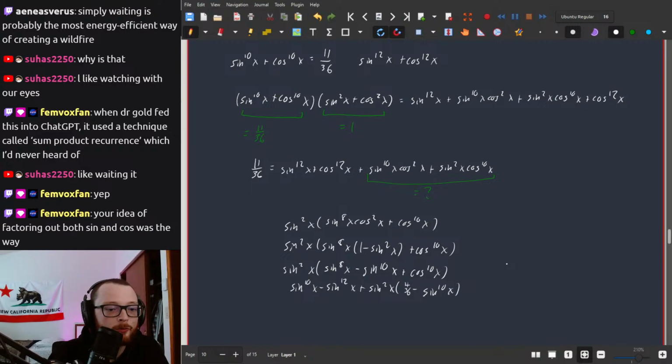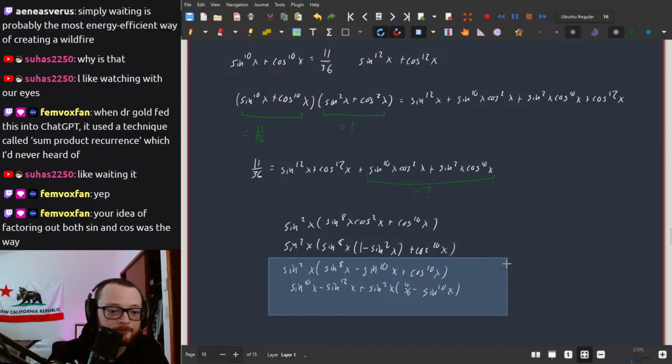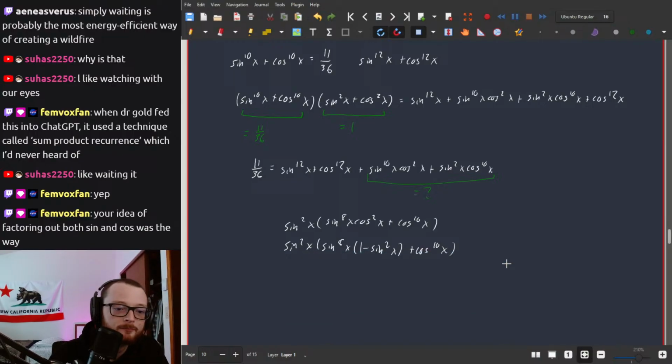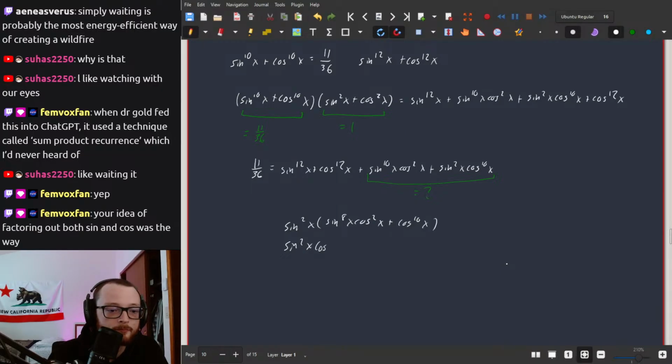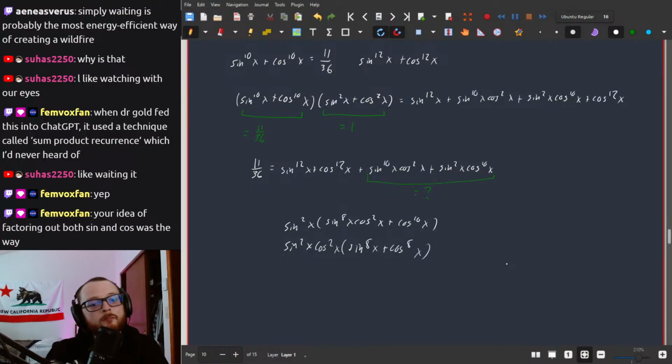The idea of factoring out both sine and cosine. Really? I don't know what to do with this, though. Now it just feels stuck.